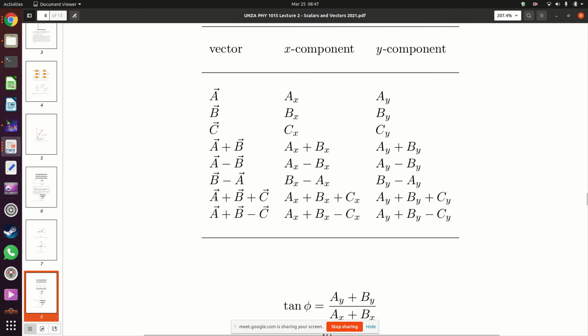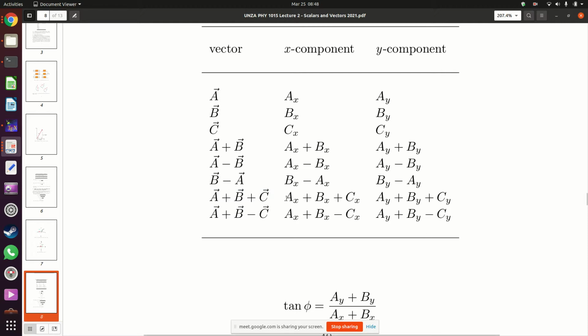Then for a plus b plus c, this example is here to show you that you are not restricted to only adding or subtracting two vectors. You can add as many vectors as you want or as are available to you. The question again is the same: how much is a plus b plus c along the x-axis and along the y-axis? And how do you work that out?